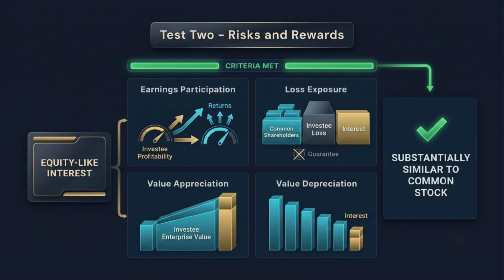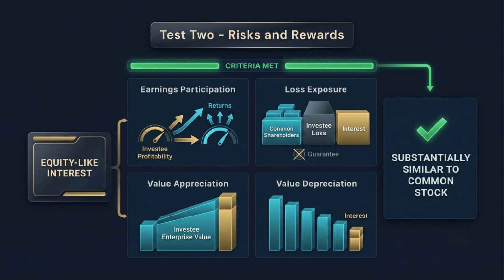The second test asks whether the interest shares the same risks and rewards as common stock. Common shareholders usually participate in earnings growth, enterprise value appreciation, and residual upside. They also suffer when the business loses value. So, an equity-like interest should participate in both good news and bad news in a similar way.